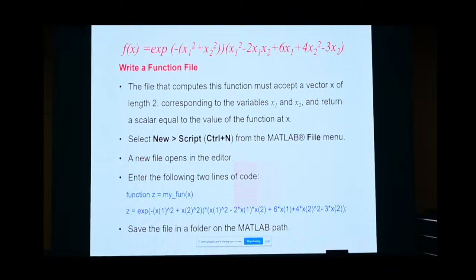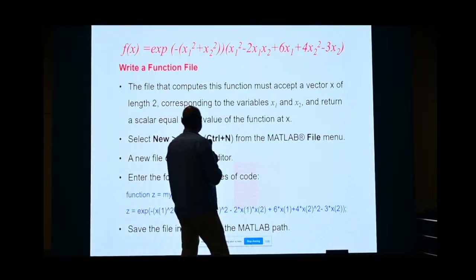Next slide. That function file is written in blue. If you want to write that expression in MATLAB, for example x1 square, it will be written in this way, x of 1 square. Those who are using MATLAB can understand this concept. Anyway, this first step is the file.